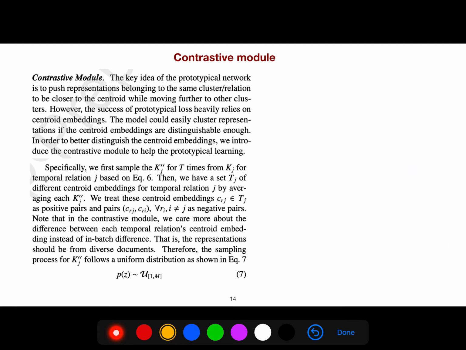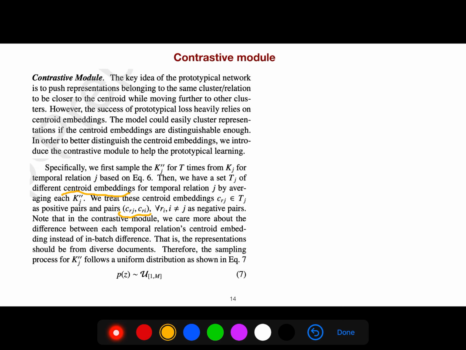This is the contrastive module, and we first sample K for T times from K sub j for temporal relation j, and then we have a set of different centroid embeddings for the temporal relation by averaging each K. We treat these centroid embeddings as positive pairs. And of course, these are negative pairs. In the contrastive module, we care more about the difference between each temporal relation centroid embedding instead of in-batch difference.